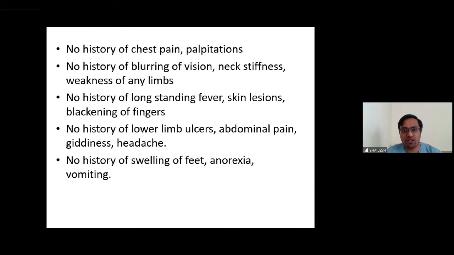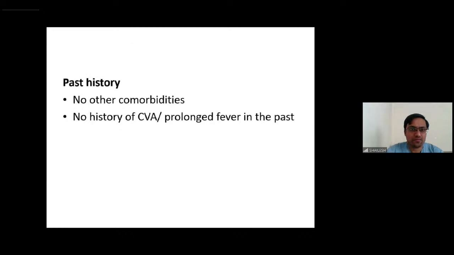No history of blurring of vision, neck stiffness or weakness of any limbs. There is no history of long-standing fever, skin lesions or blackening of fingers. There is no history of lower limb ulcers, abdominal pain, giddiness or headache, and there is no history of swelling of feet, anorexia and vomiting.